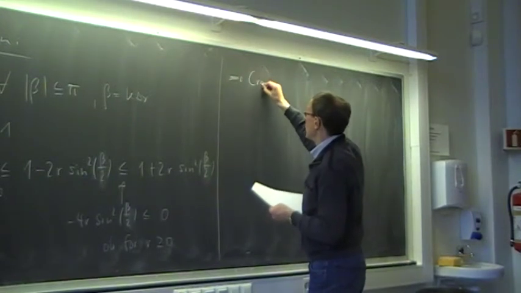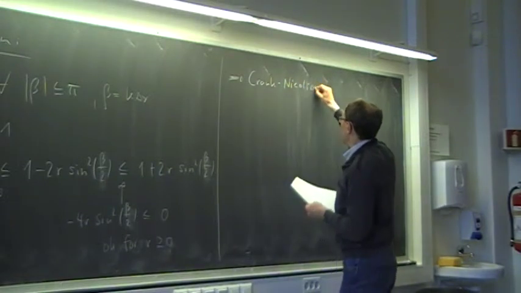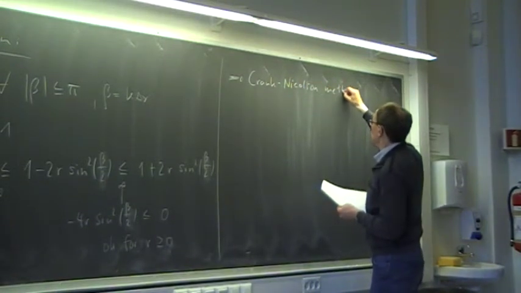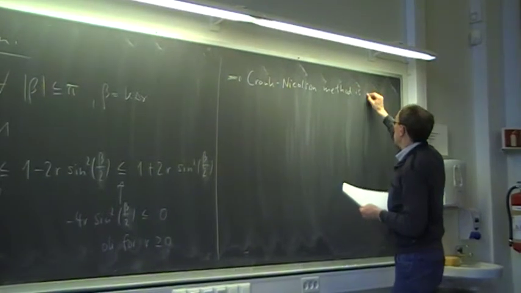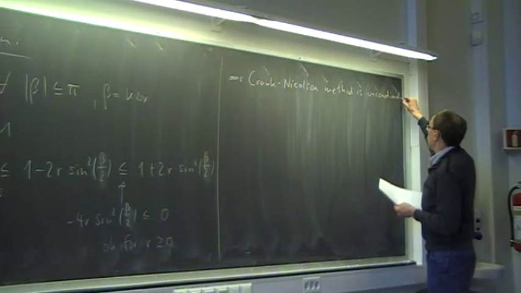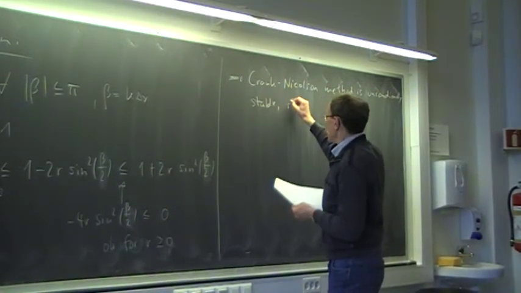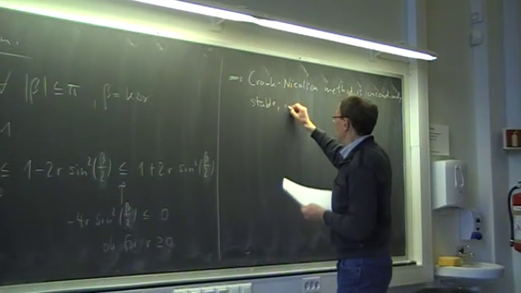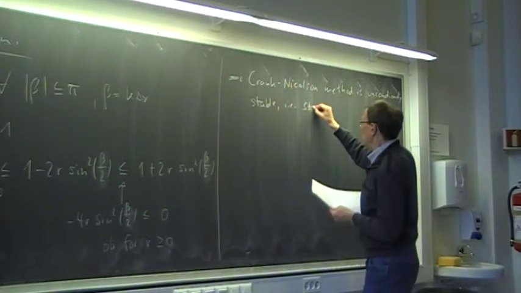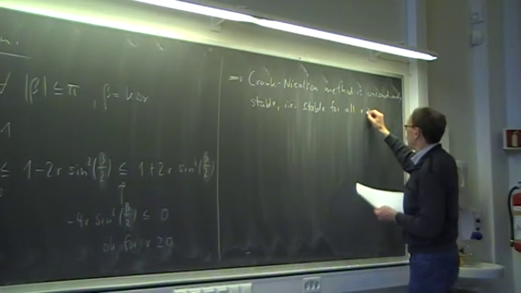We call that also unconditionally stable. So the Crank-Nicolson method is unconditionally stable, and that means stable for all r greater or equal to 0.